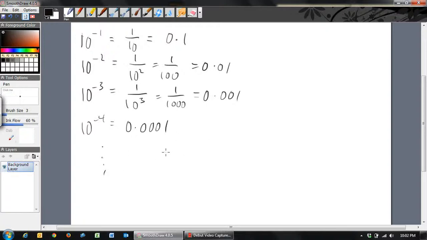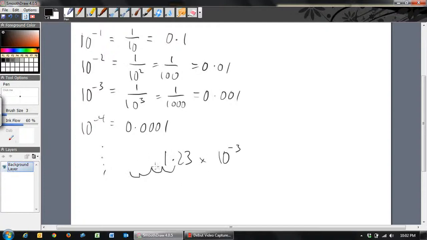And so again, if you multiply some number, 1.23 times 10 to the negative 3 or something like that, what happens? You're multiplying 1.23 by this really small number. All it does is move the decimal place this way, so you'll end up getting something really small.